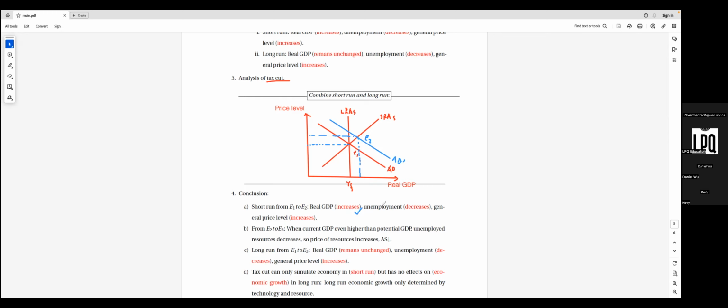If real GDP increases, as I mentioned, the unemployment rate always has an inverse relationship with real GDP, so the unemployment rate decreases. The general price level increases. This is what happened here. So if people demand more, consume more, invest more, graphically it will shift to the right. So we get these 3 conclusions regarding how the performance indicators have changed.